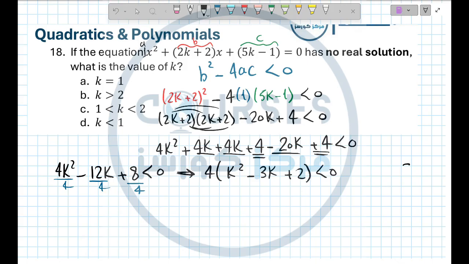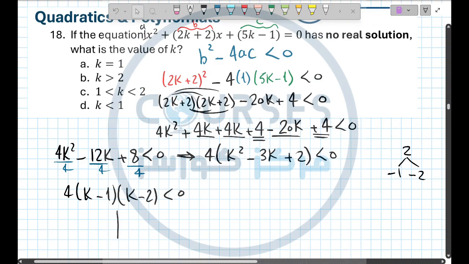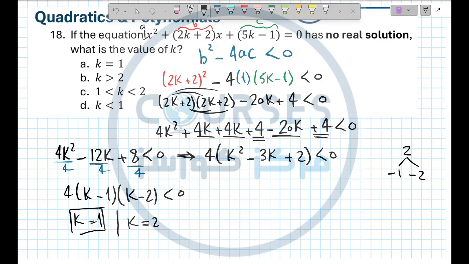If you want to factor this one, take the 2, which is just 1 times 2. Negative, positive, it means both of them are negative. So this is actually 4 times k minus 1 times k minus 2 is less than 0. To find the values of k, k is equal to 1, the opposite sign, k is equal to 2.